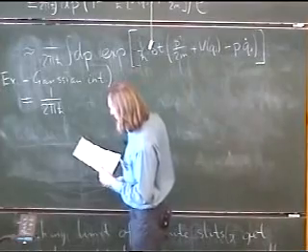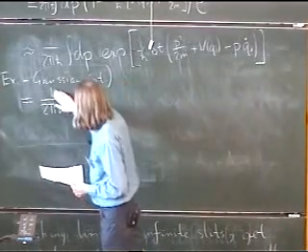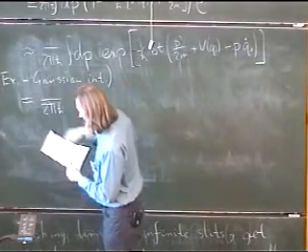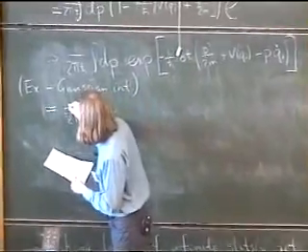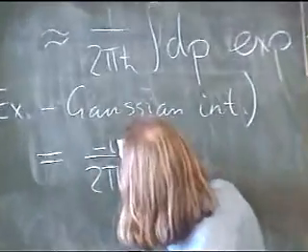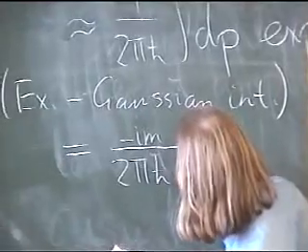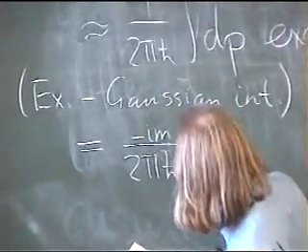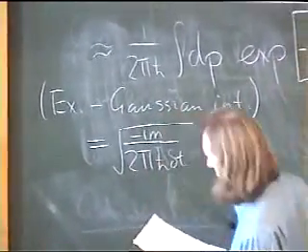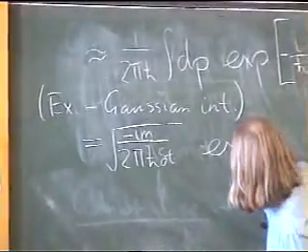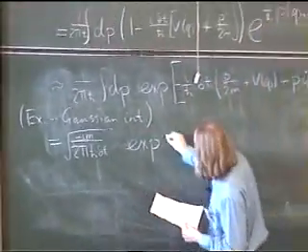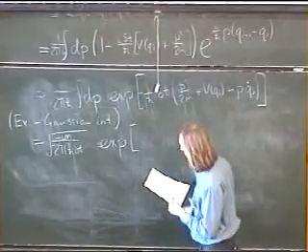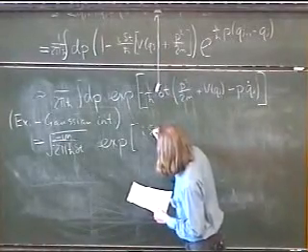You should end up with minus i m over 2 pi h bar delta t under a square root, times an exponential of i delta t.